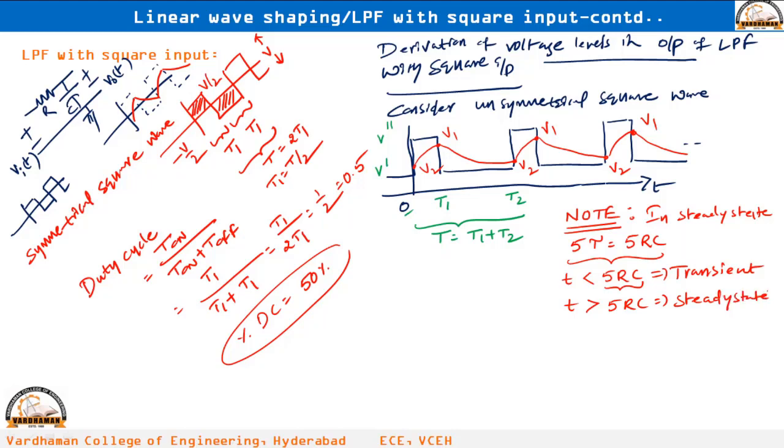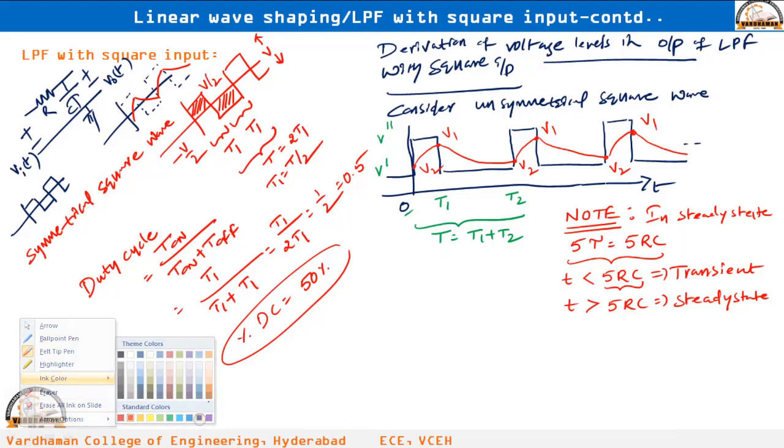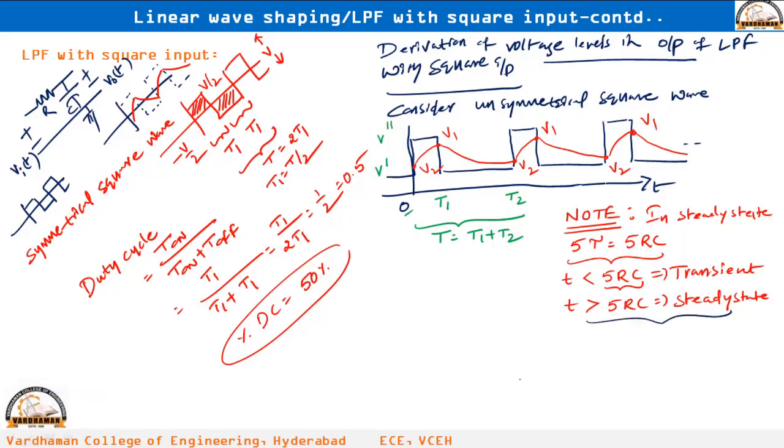Whatever diagram I have drawn now, the output wave with the voltage levels V1 and V2, those are related to this steady state level only. So whatever derivation we are going to do now, the voltage values V1 and V2 are suitable for steady state voltage levels only. Okay.